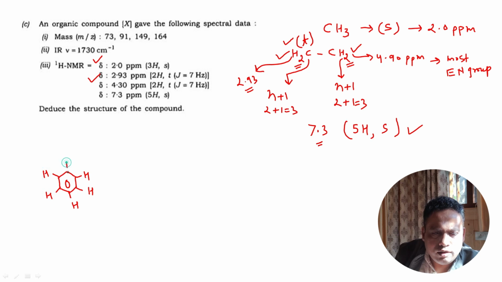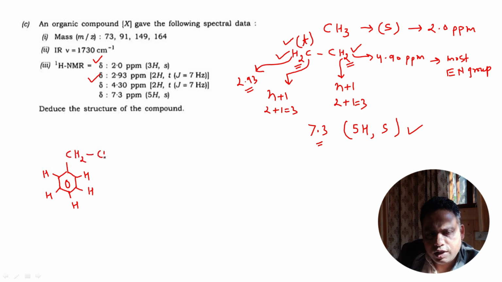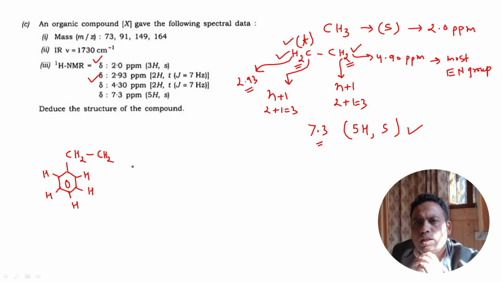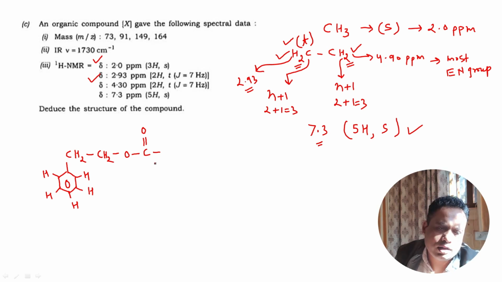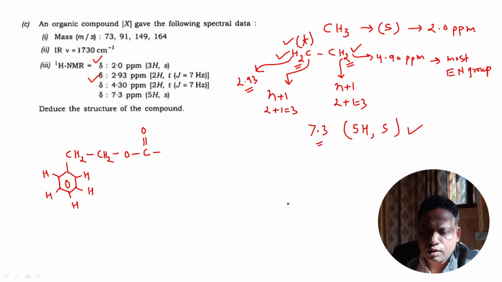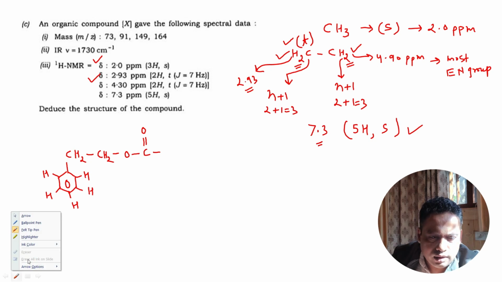And then you have a CH2 group, and then again a CH2 group. Just like that. Then you can connect it with oxygen, and then with the carbonyl group, but not like that actually. So let's remove it.